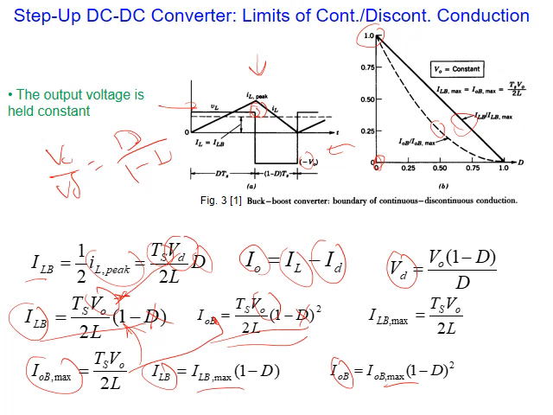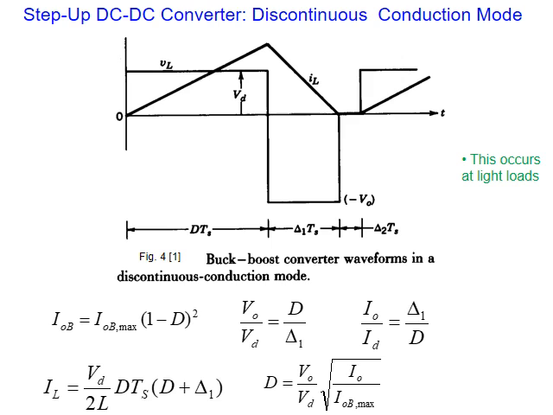ILB and IOB currents. For discontinuous conduction mode, we repeat the same discussion. T on is the same, DTs. T off will be two parts, delta 1 Ts and 0 here, which is delta 2 Ts. So we repeat the same discussion.